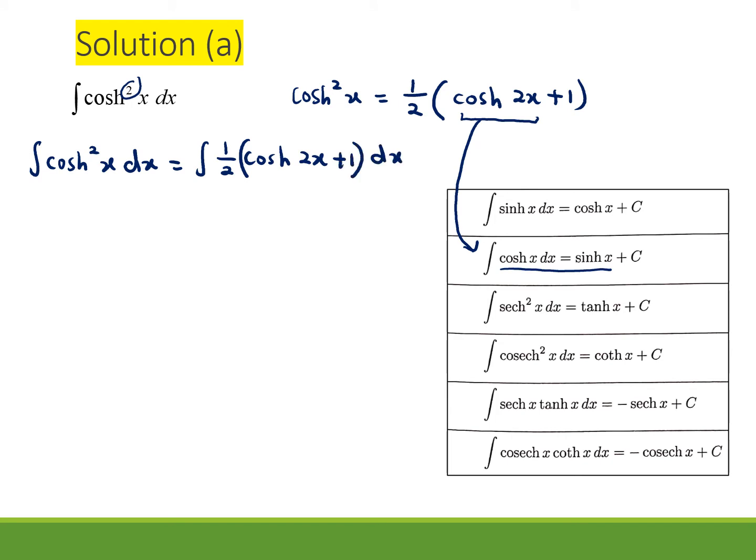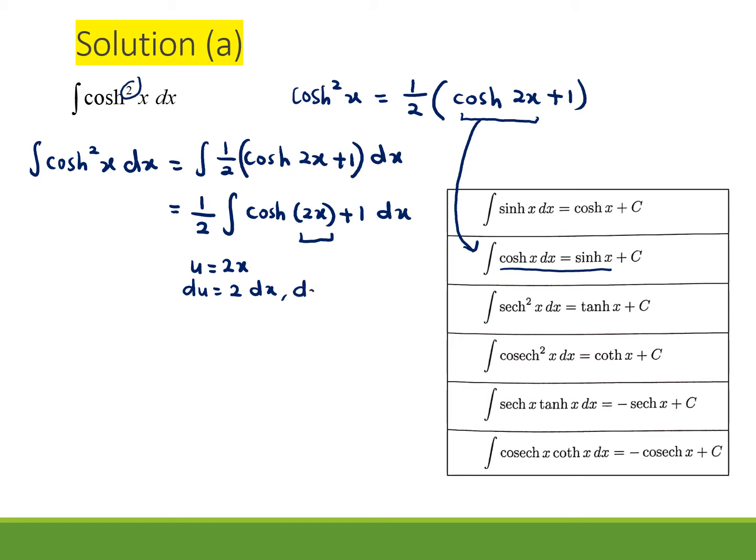We can take 1 over 2 out since it is a constant. So 1 over 2 times the integration of cos hyperbolic of 2x plus 1 dx. In order to make it easier, we substitute 2x as u, where u is equal to 2x, and we want to find the du, which is 2 dx.